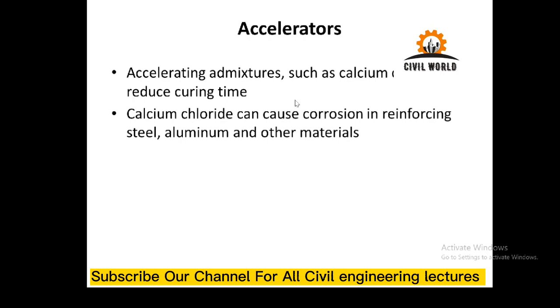So accelerators are used so that the rate of strength development is increased in the initial time of the concreting, and concrete has already gained sufficient strength so that it cannot be affected by extreme weather or low temperature exposure. However, calcium chloride, which is one of the accelerators, may cause corrosion of metal embedded in the concrete.